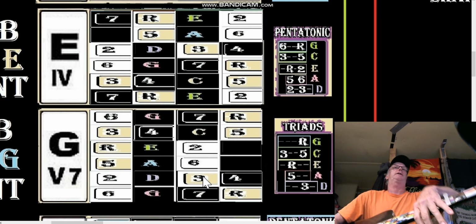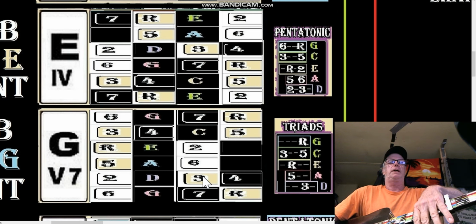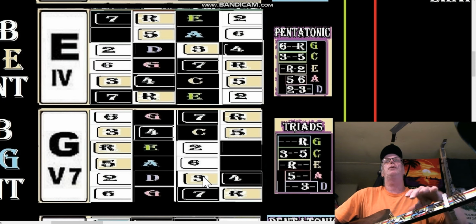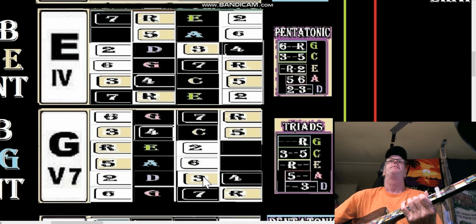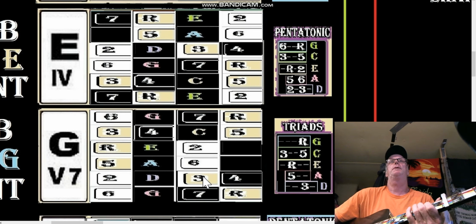We're not looking at these notes anymore as if they were the very notes that they were. We're looking at them as locals, and of course the root of G is G, the third of G is B. Okay, but we want to make it easy.